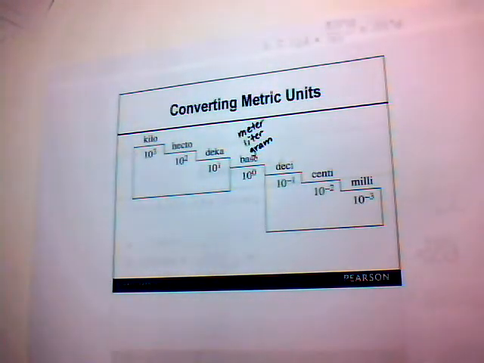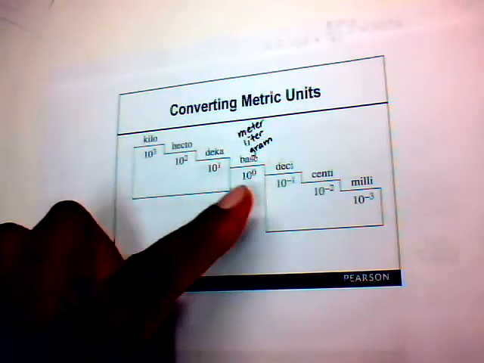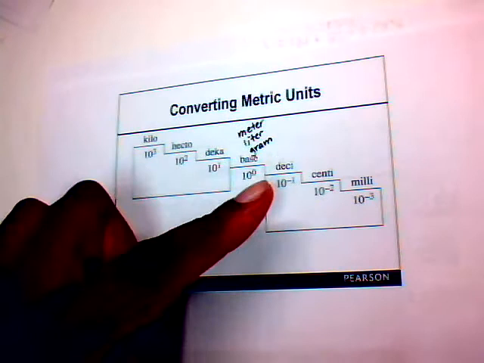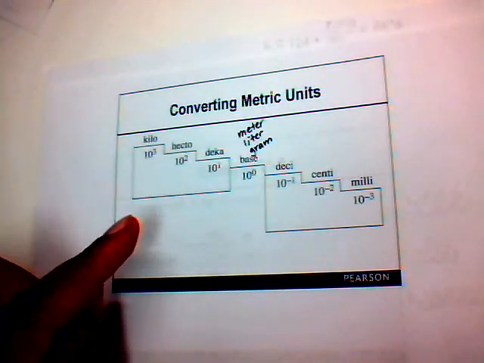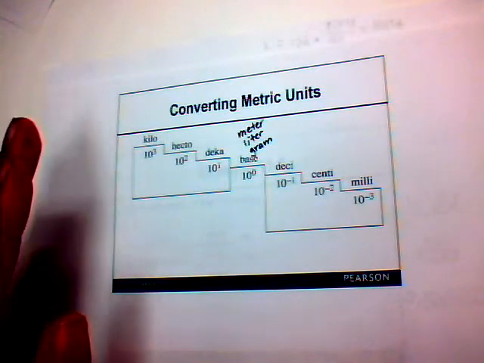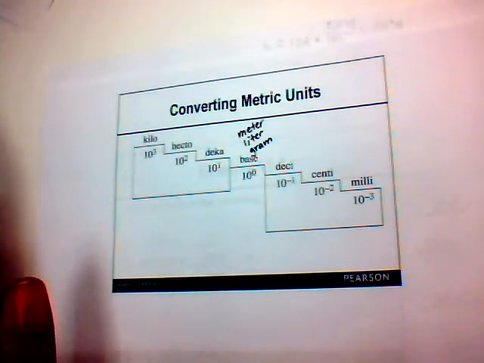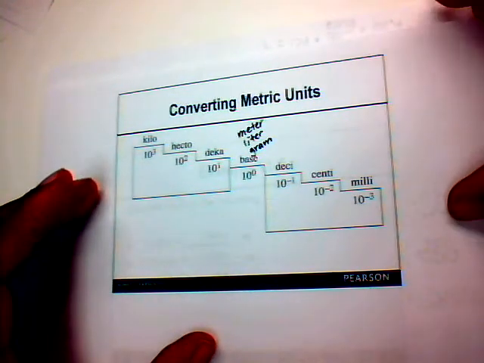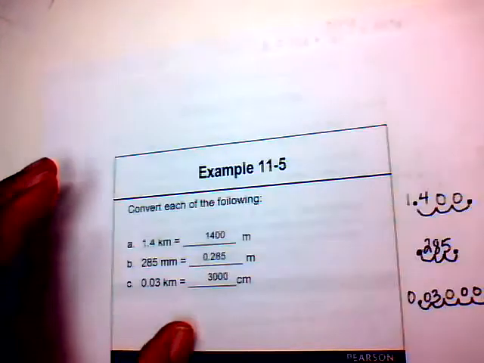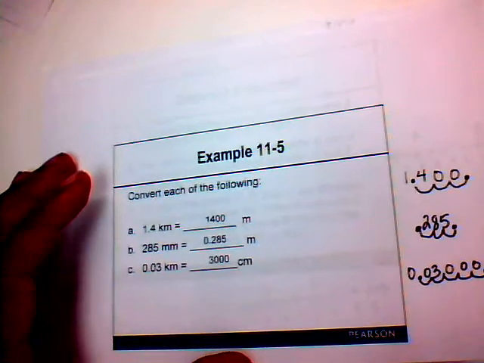And in this case, we can use this to convert from one metric unit to another by either going to the left or to the right. And if we have to go to the left or to the right, then that means in the answer we have to move the decimal point either a certain number of places to the left or a certain number of places to the right. And we'll look at a few examples that are like this one right here.